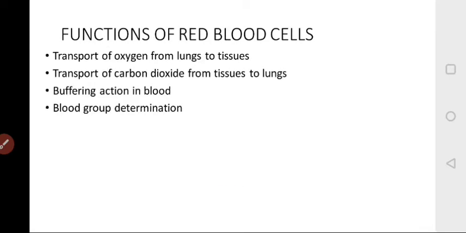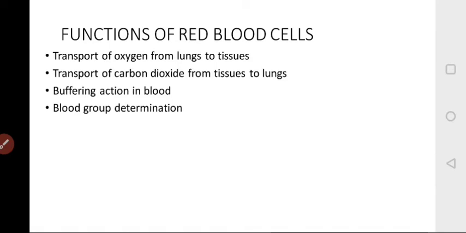Now we will see the functions of red blood cells. These functions are: number one, transport of oxygen from lungs to tissues. The hemoglobin in RBC combines with oxygen to form oxyhemoglobin. About 97% of oxygen is transported in blood in the form of oxyhemoglobin.